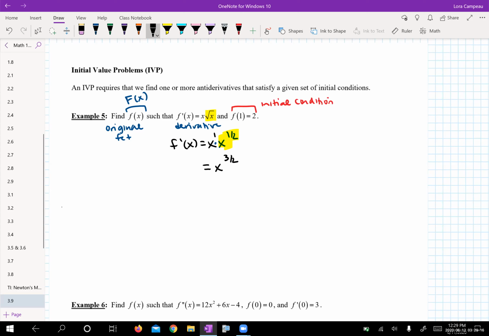So you're keeping the base and adding the exponents. That goes back to the old exponent laws that you studied back in algebra. So that's where we're getting that. We just took this and wrote it into a nicer form. And this is more convenient to us because now this is a power function.